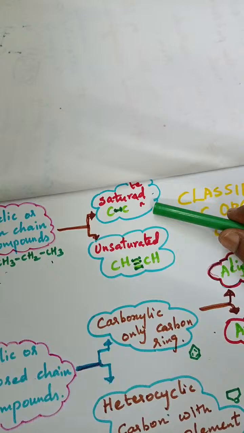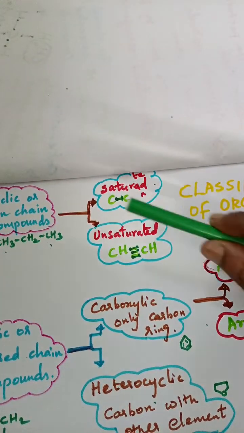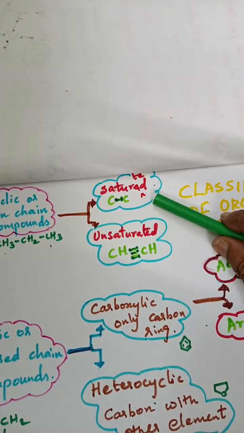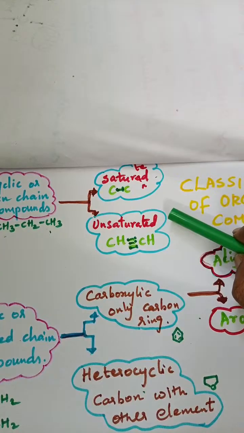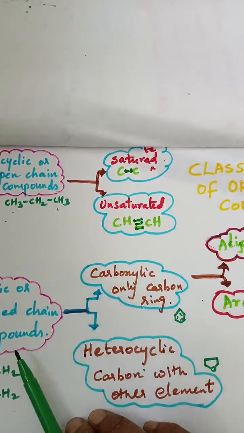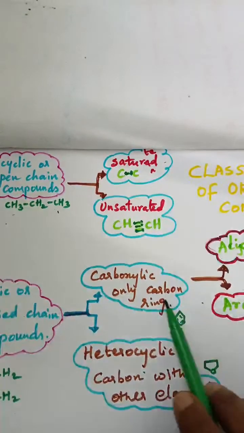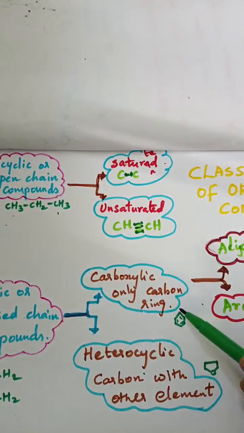Next, acyclic or the open chain has two types, saturated and unsaturated. Saturated means they will be sharing one pair of electrons. Unsaturated means more than one pair of electrons will be shared between the carbon atoms. Next is the closed chain, the cyclic. It has been further divided into two types. Carboxylic, where only a carbon ring will be there.